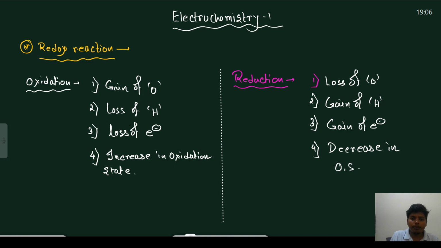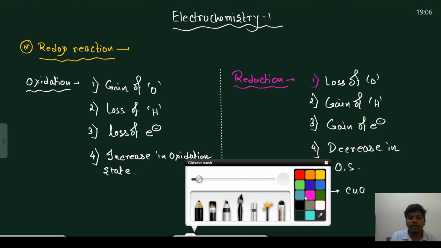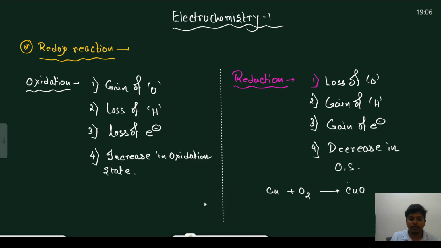For example, if I ask you about a reaction given as copper plus oxygen gives copper oxide, tell me which one is the reduction and which one is the oxidation.